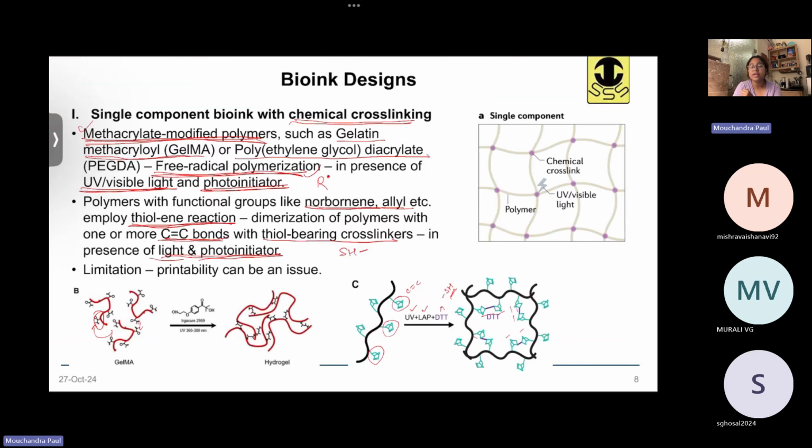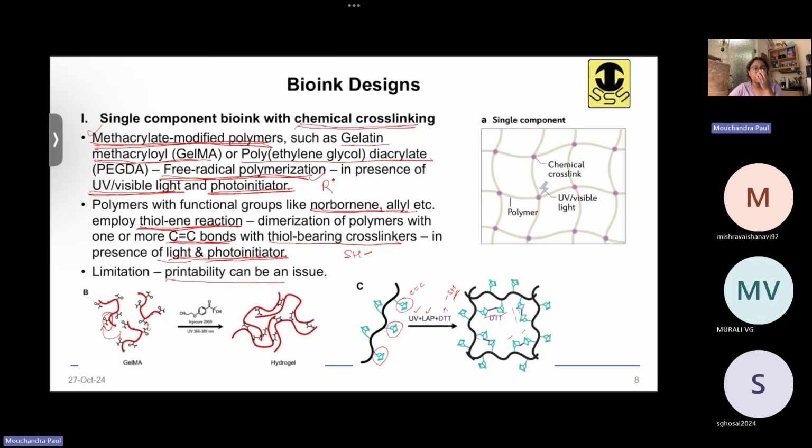So here only one type of bioink is used, and the final structure of the 3D print that is made using this bioink is stabilized by chemically cross-linking it in presence of light and a photoinitiator. But there is a limitation. These polymers that are used here to make the bioink often show printability issues.